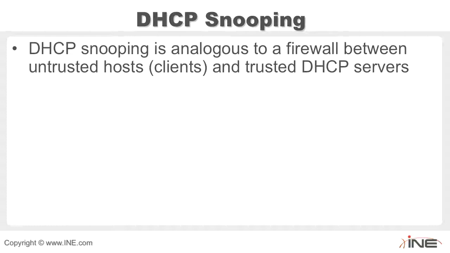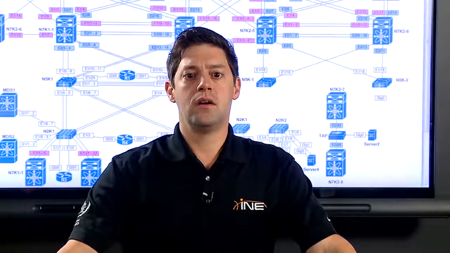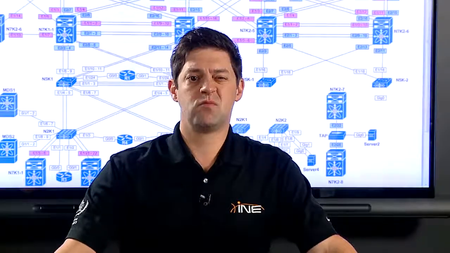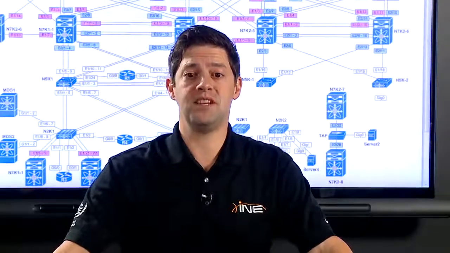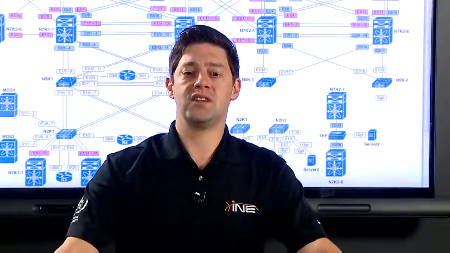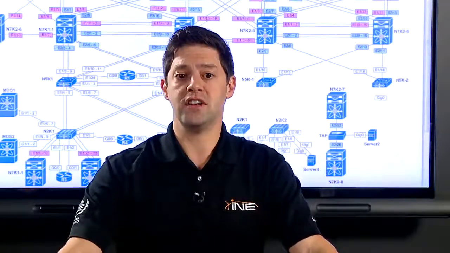We don't want anyone answering on behalf of our authoritative DHCP servers, giving IP addresses out and possibly giving fictitious default gateway or other fictitious information or attributes to our end hosts, sort of playing man in the middle, intercepting the DHCP requests and giving erroneous or different information.